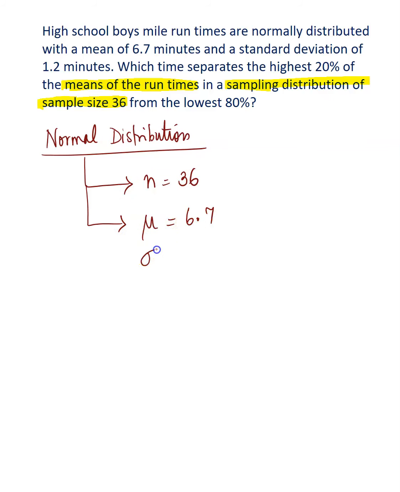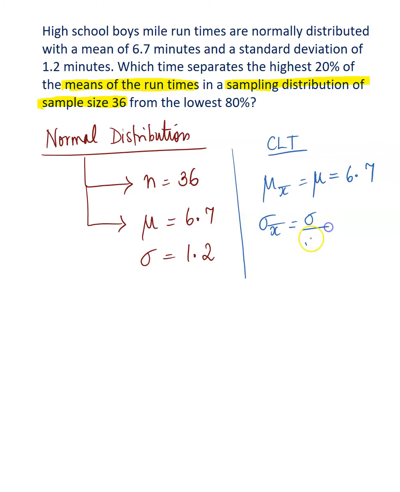Because we have to use CLT, since the problem requires us to obtain the time that separates this in a sample size, because we're talking about the mean run times, mu x bar will be the same as mu, 6.7. Sigma x bar is sigma over root n, which is 1.2 over root 36.